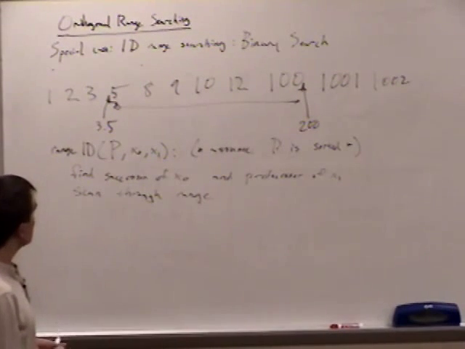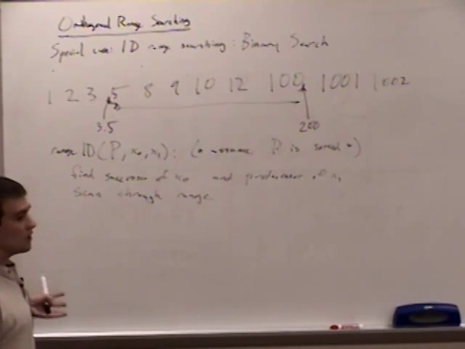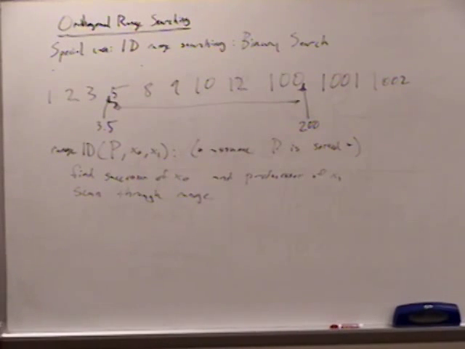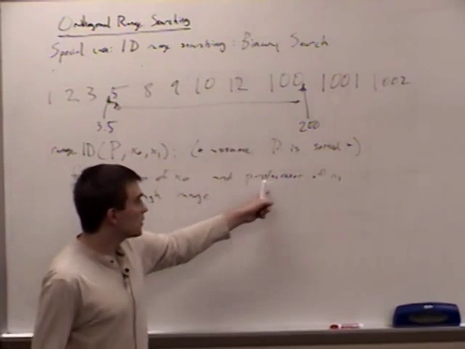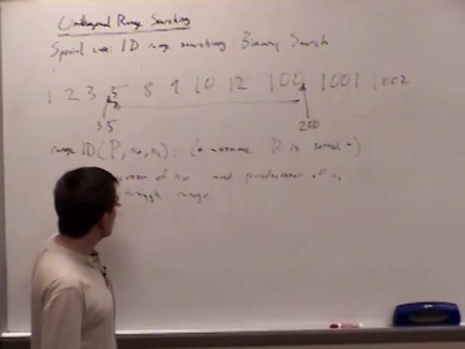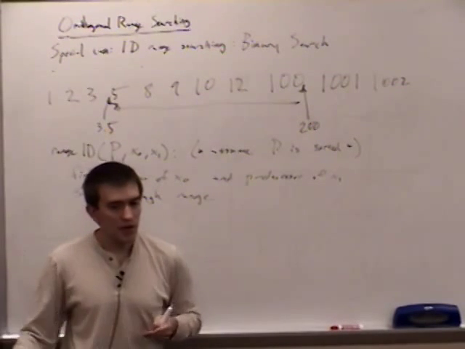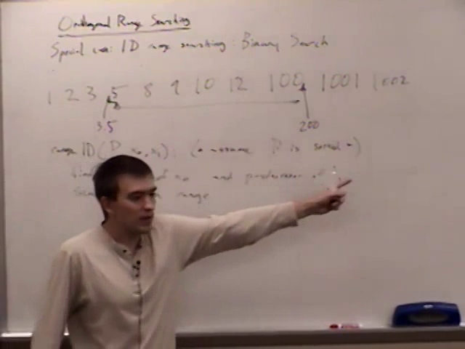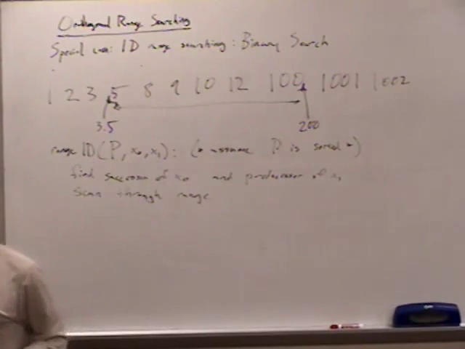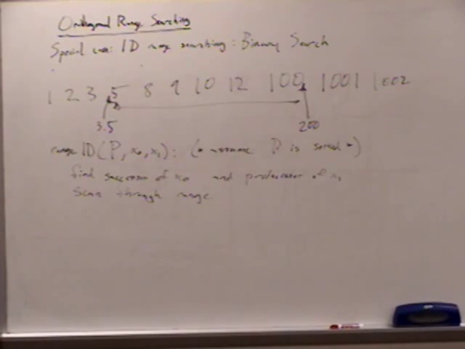Really, the reason that you want to use a binary search tree or a sorted list over some simpler data structure like a hash table is if you need to get these types of queries. If you're never going to answer predecessor and successor queries, you should just use a hash table. But if you need predecessor and successor queries, you can't do it with a hash table. You need a sorted list or some kind of map data structure. So that's why we would need to use a map in this particular case.